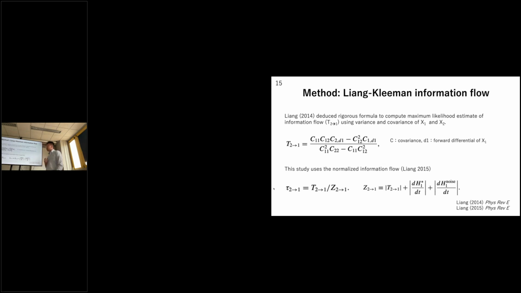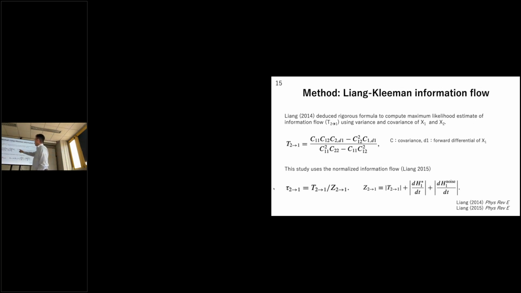If we assume that the time evolution is a linear function, then we have a relatively simple equation like this. Here, C is the covariance, and the subscripts indicate the variables x1 and x2. D1 is the forward difference of, in this case, x1.